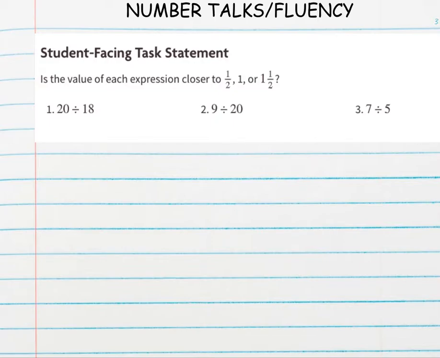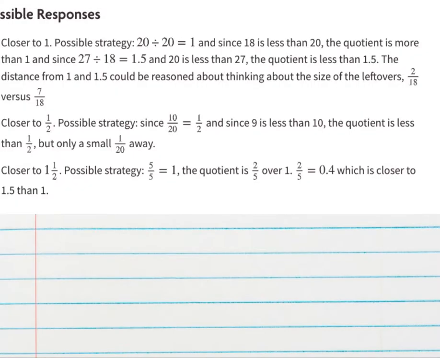Well, you could probably make an argument for either way. 7 divided by 5 is going to be 1 2/5. 1 2/5 would be close to 1.5, depending on what you mean when you say close. All right, so let's move along.